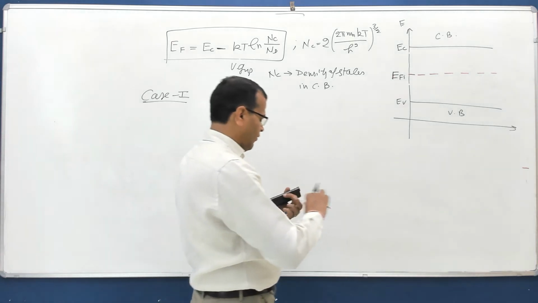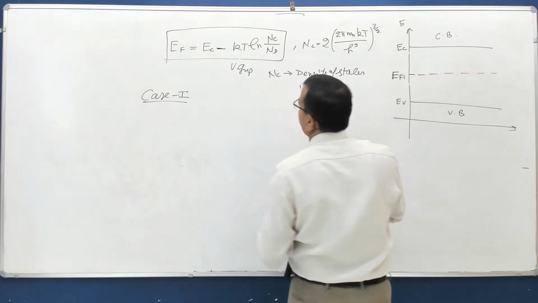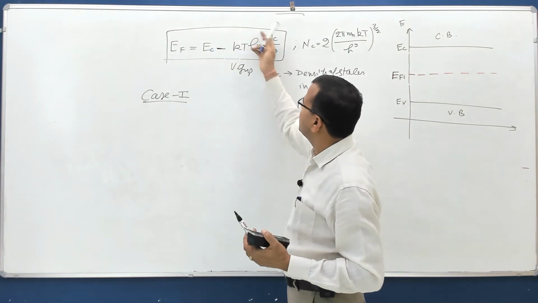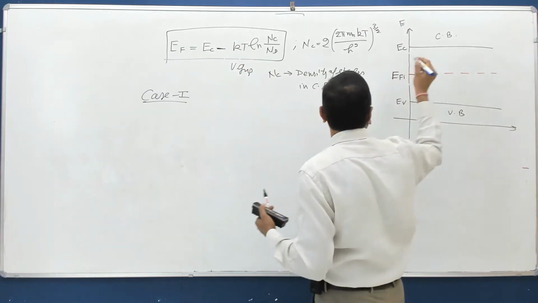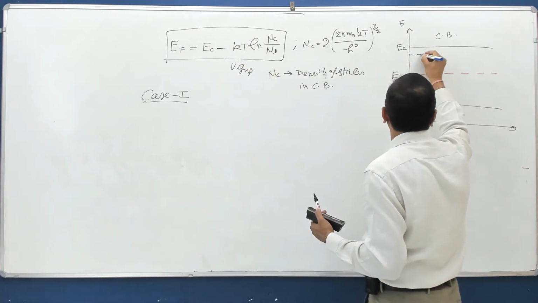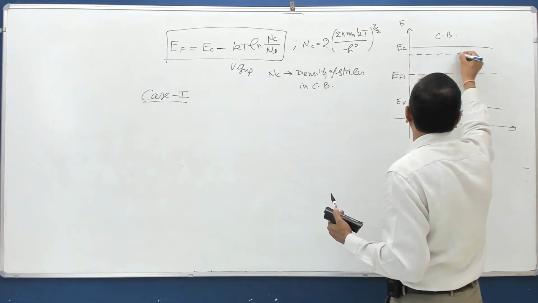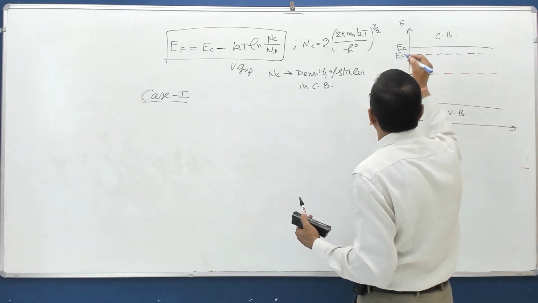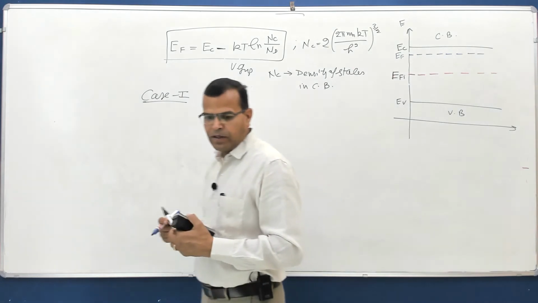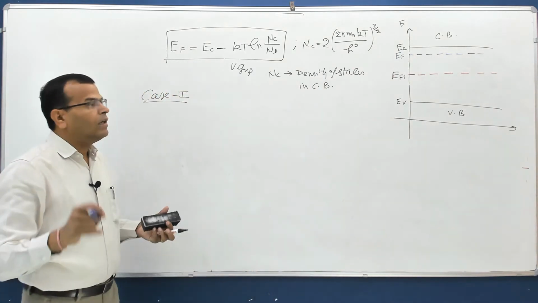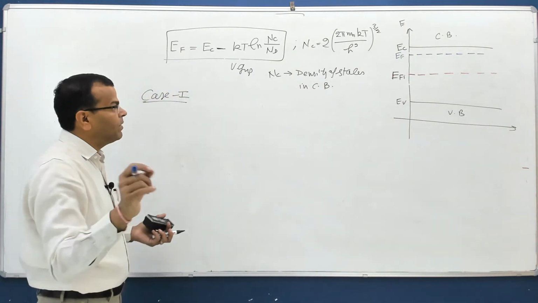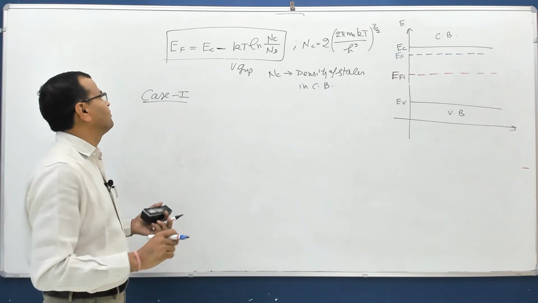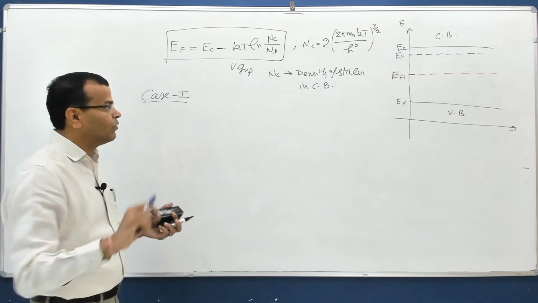Let us see how it goes. The Fermi level, Ec minus EF, I am assuming this is small, so here Fermi level is close to the conduction band. The Fermi level in case of n-type semiconductors is close to the conduction band. I'll discuss two cases one by one.